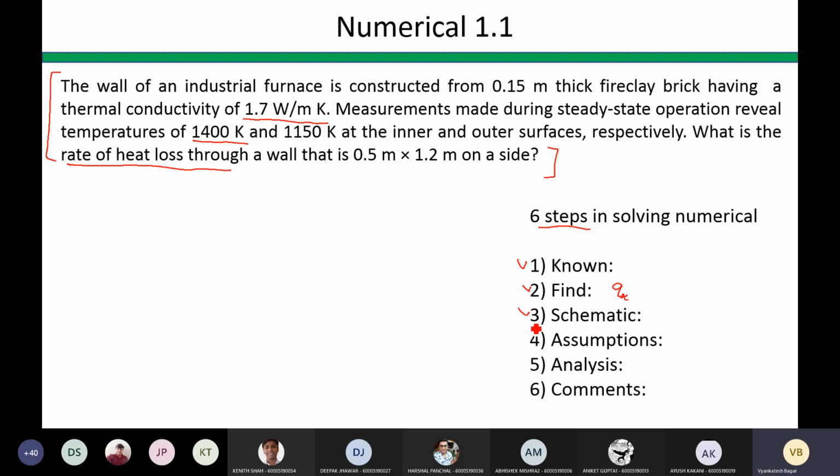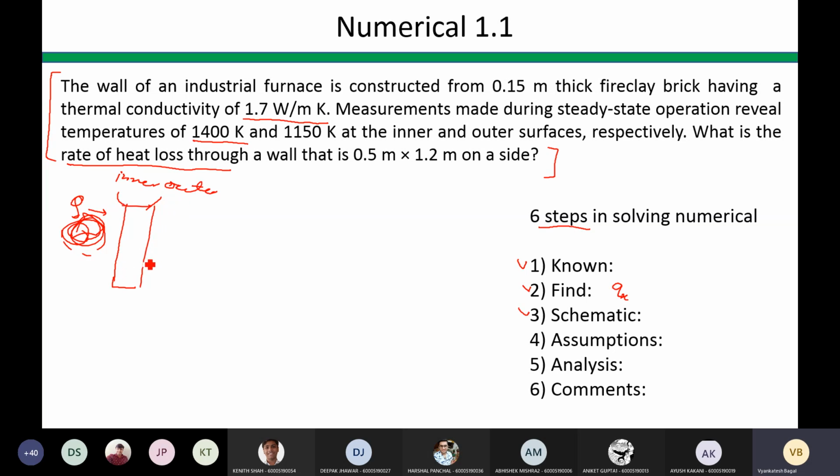Then the next step is you will draw the schematic diagram for this problem. If you plot the diagram, you have a wall, and this is the inner wall, let us say, of your furnace, and there is heat available which will be taken by this inner wall, and let us say this is the outer side of your wall.